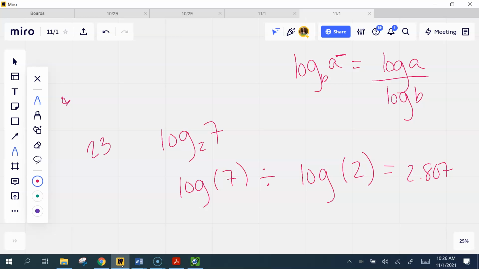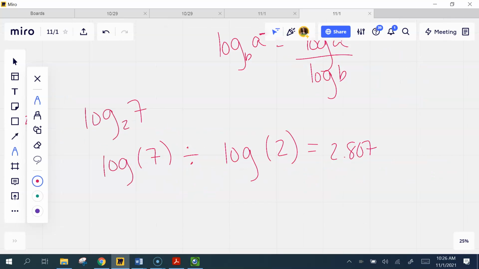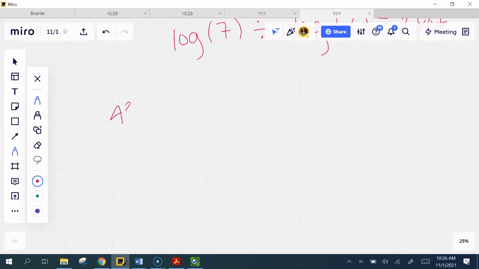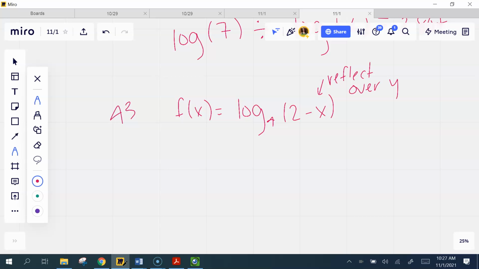So the point of those was not really for your calculator. The point was more to look at it and say, okay, 43 was f of x equals log base 4 of 2 minus x. So this is a reflection over y and a shift left 2. Then you look at the four graphs below and match which one is shifted left 2 and reflected over y.